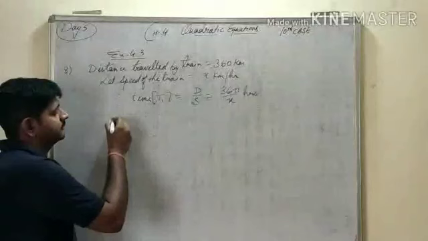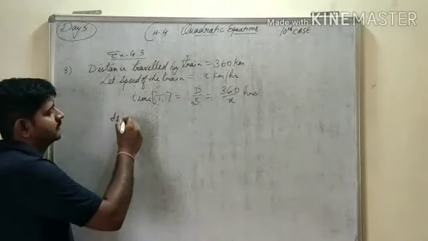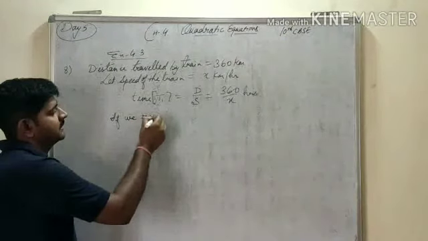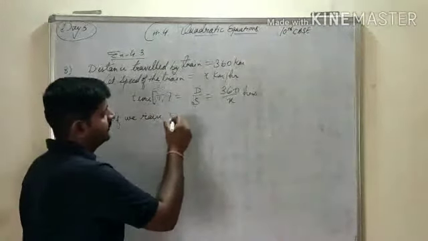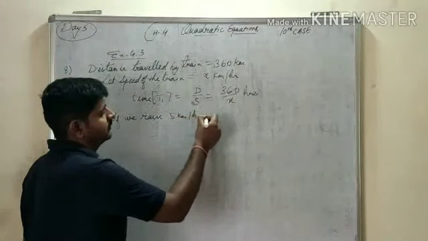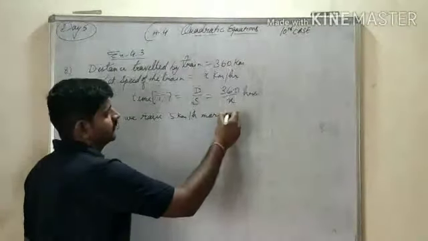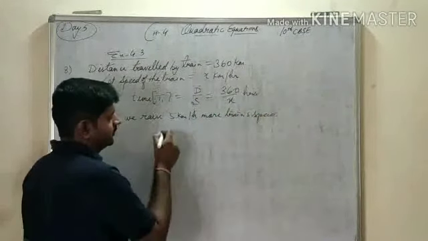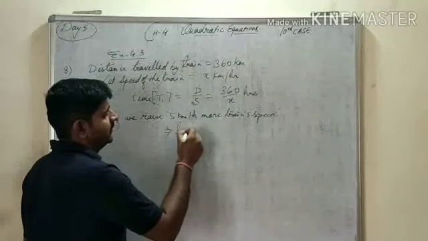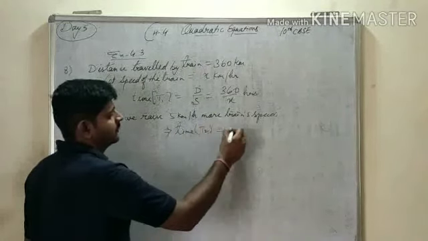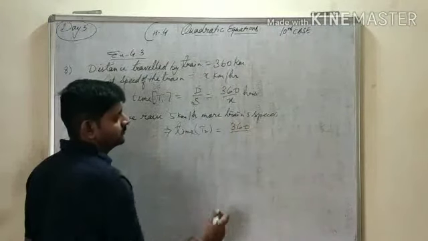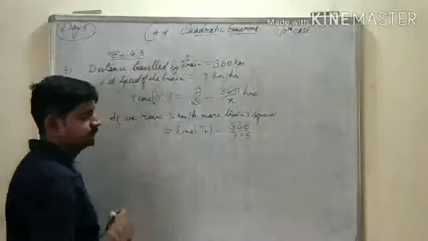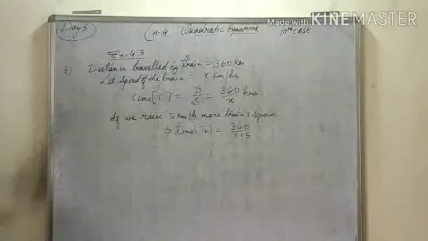It means if we raise the train's speed 5 km per hour more, so time T2 will be 360 upon x plus 5, because we have raised the speed by 5 km per hour.